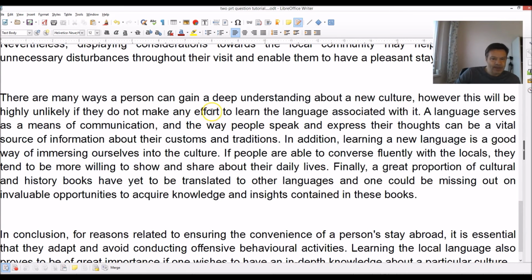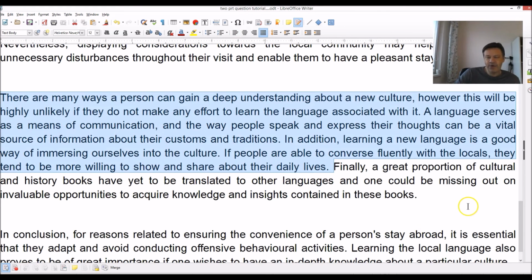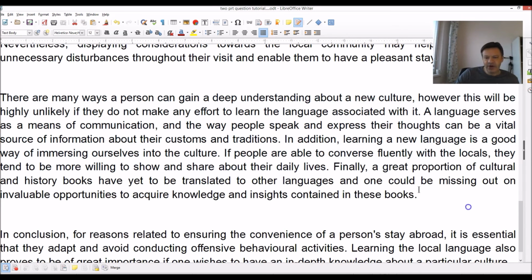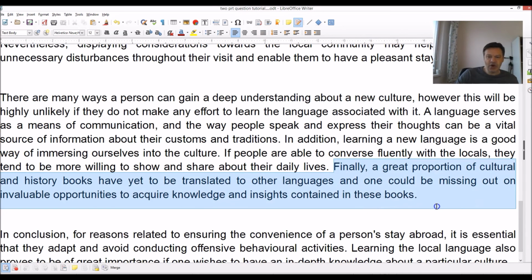So we're talking about learning a language, how they speak. Okay, then learning a new language. So there's a bit of similarity between these 4 sentences. It's not really moving things on. And then we've got a new idea which is not developed. It's just, and finally, if you don't read a language, then you can't read some books.